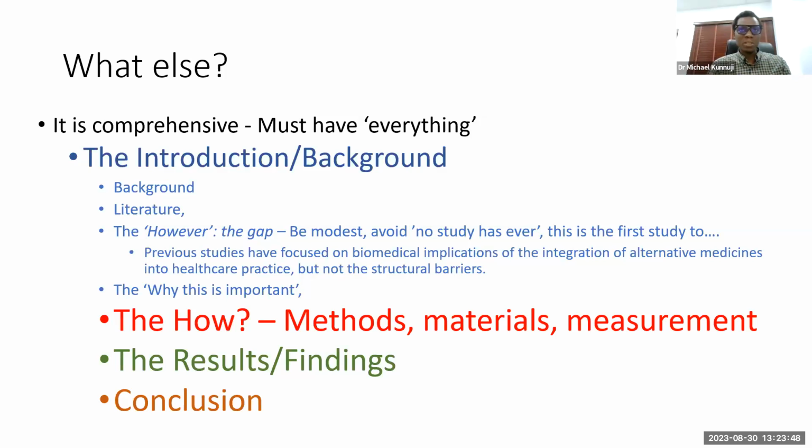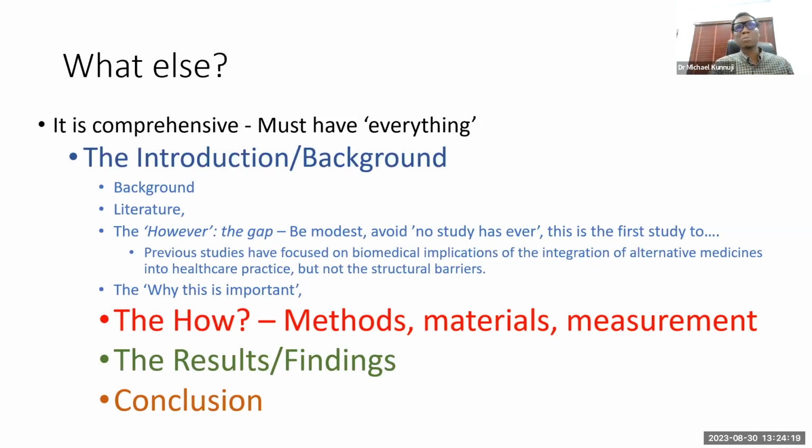Another very important thing is what we call the however, that is identifying the gap. If you have not got your however, or you have not been able to show that you have identified the gap in the literature, then there is a problem with that abstract, because the abstract should clearly show that this study is important.